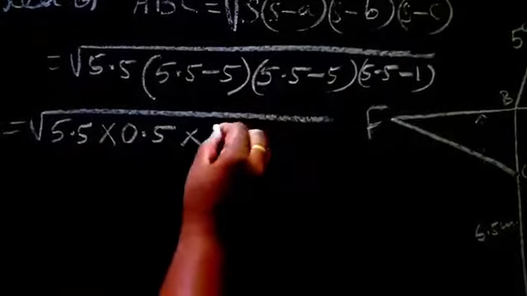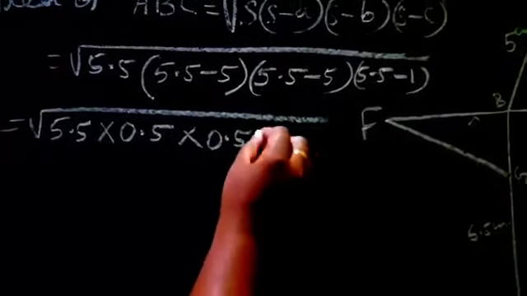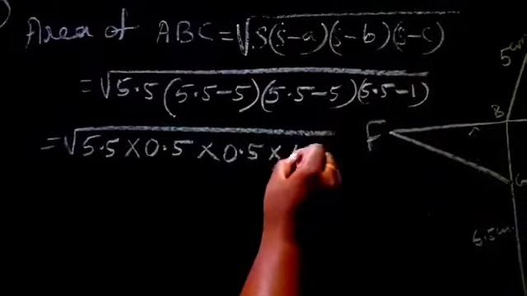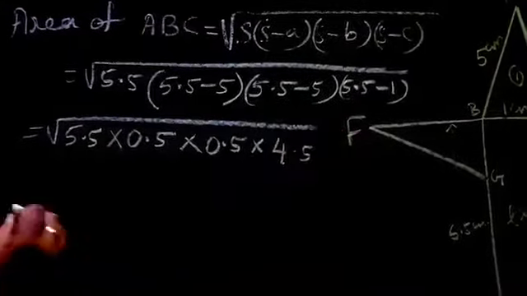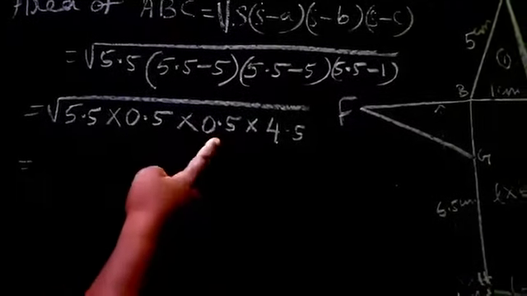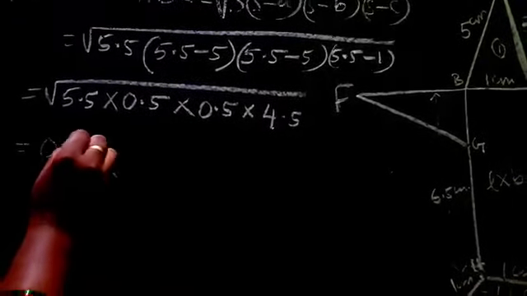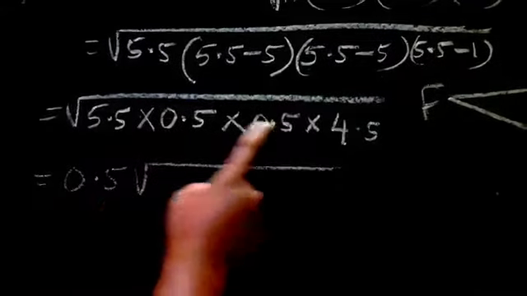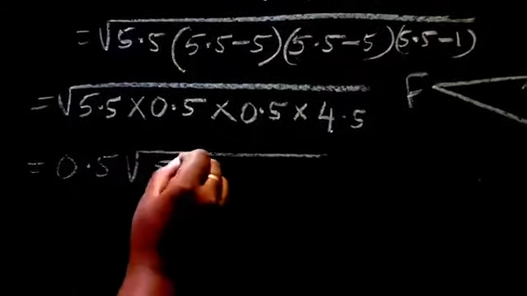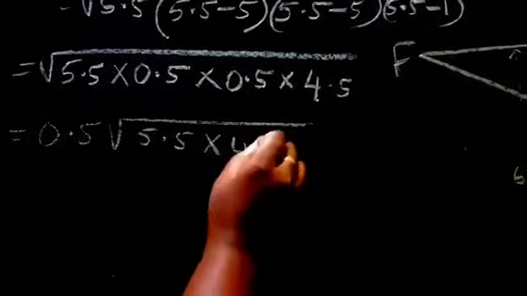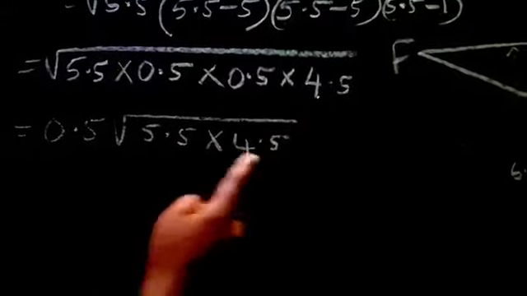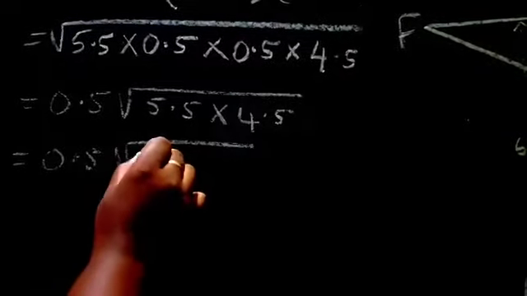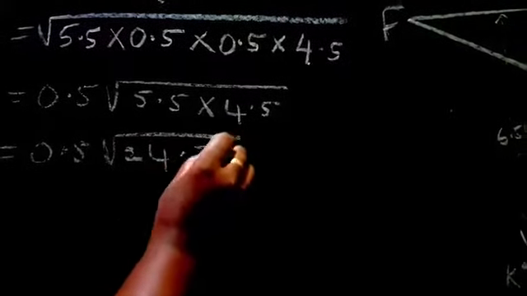Again this is also 0.5, into 5.5 minus 1 is 4.5. So we have here 2 times 0.5, so 1 time we can take outside of the square root. Then 5.5 and 4.5 remain inside the square root. Then we'll multiply both also. We'll get 24.75.